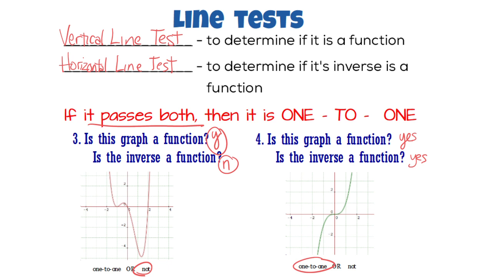So if on that previous slide when we were doing equations, you're not 100% sure looking at the equation, consider the graph of it. We had that one that was a quadratic. It looked like this. And since a quadratic does not pass a horizontal line test, it's not going to end up being 1 to 1. But then that third example was a square root function, and it passes both a vertical and a horizontal, so it would work.